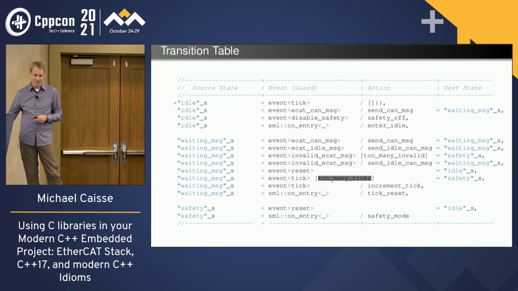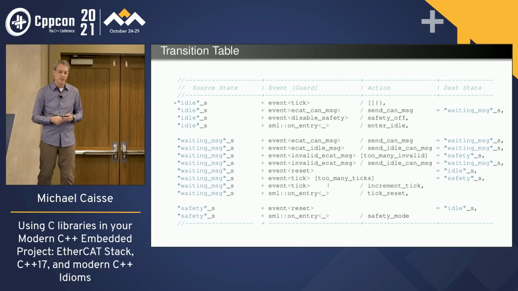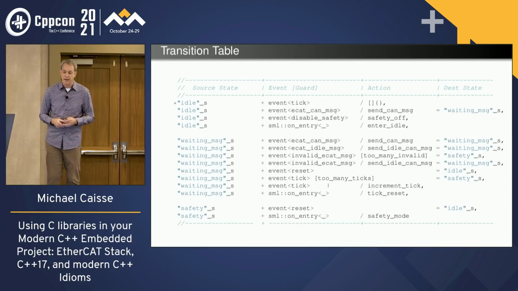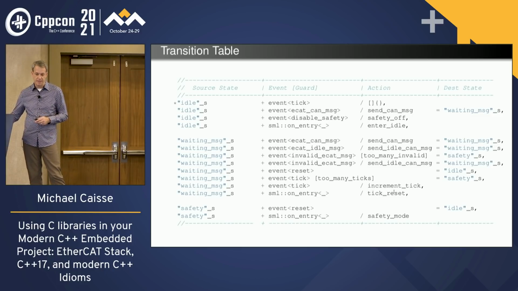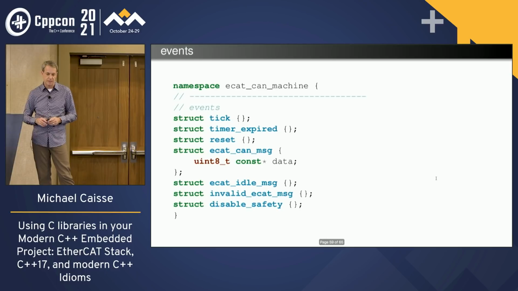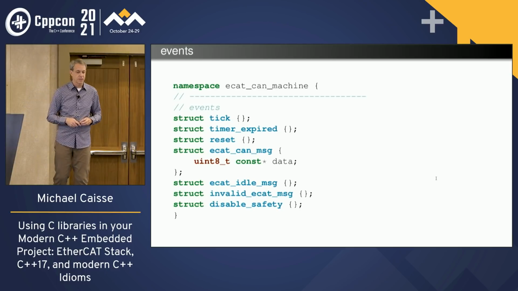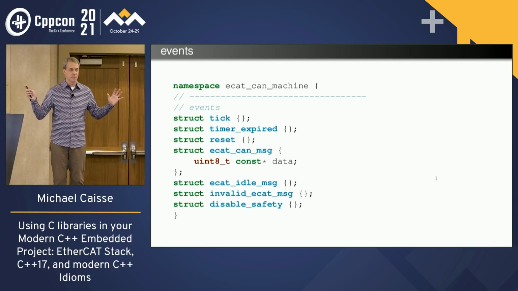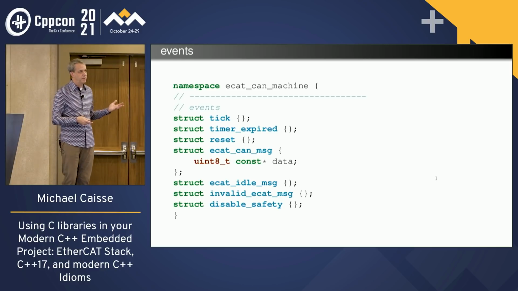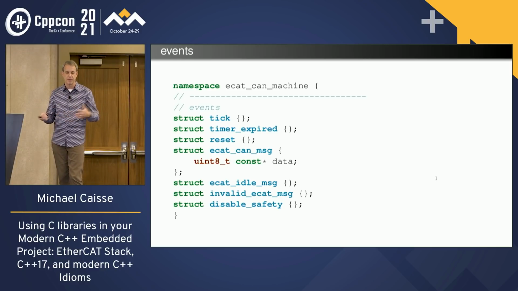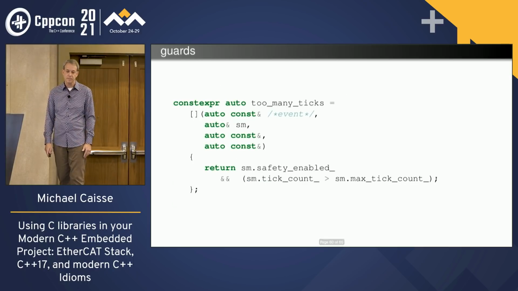We've got a guard. So it will only take that transition if the guard is true. Actions, and then the destination states. But events are just types. We can have data associated with them, of course. And that would give us a payload then that we can be moving about.